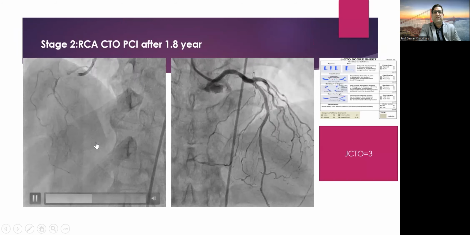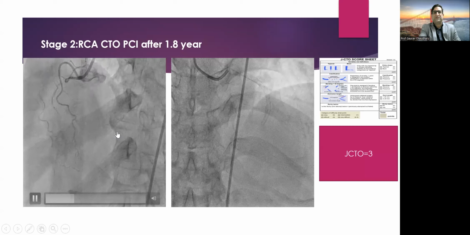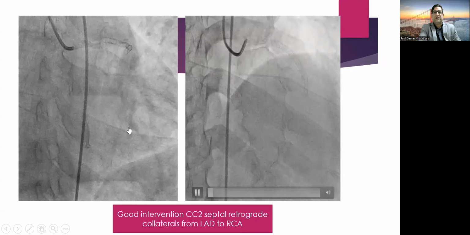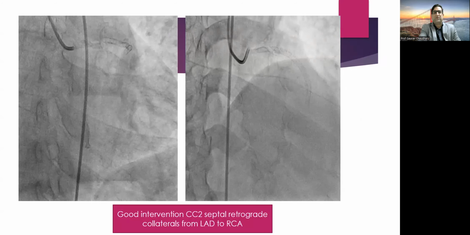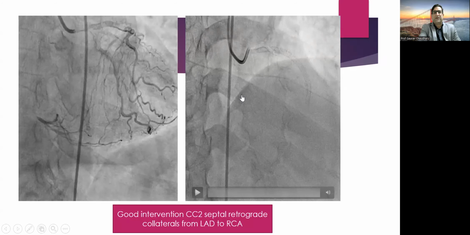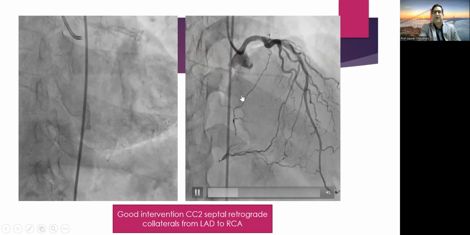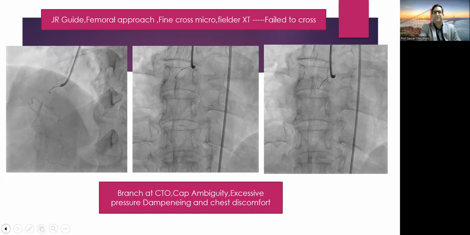Now, after 1.8 years, the patient presented again with angina and had a residual RCA CTO. This is the RCA CTO, and we can see it filling retrogradely with very good collaterals, in the RAO caudal and the cranial views. But they are coming from jailed septals.